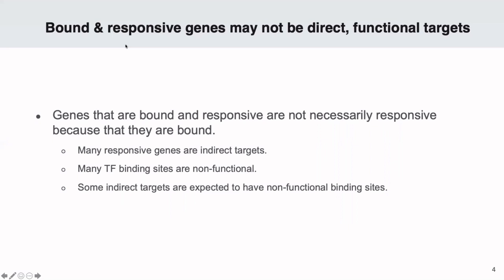We know that many of the responsive genes are indirect targets and many of the TF binding sites are non-functional. So some of the indirect targets are expected to have non-functional binding sites. In other words, the bound and responsive genes may not be direct functional targets.